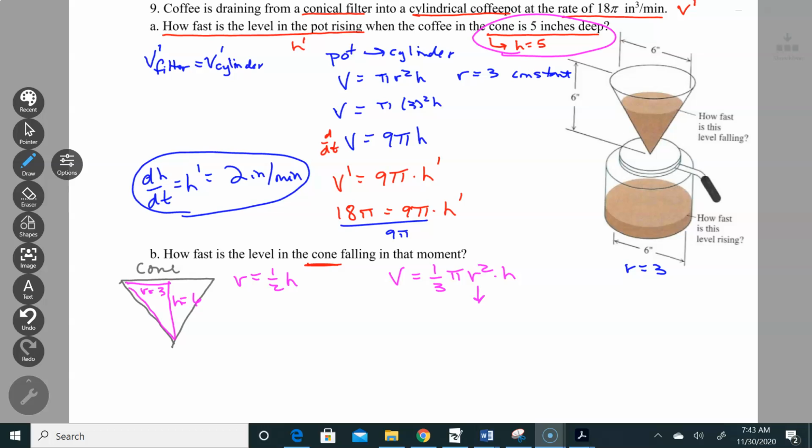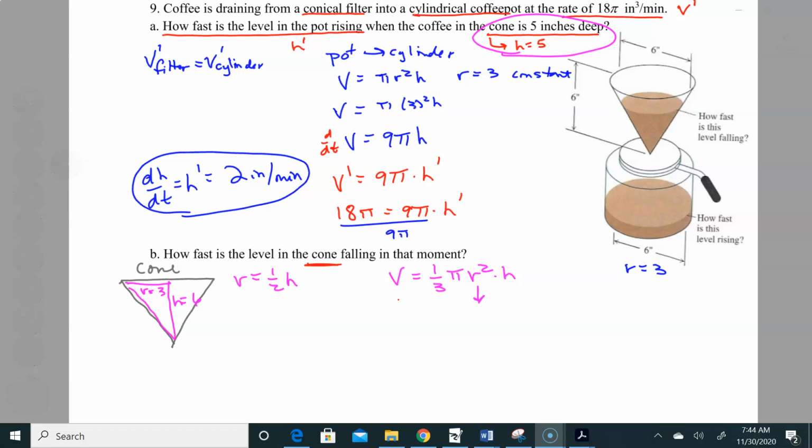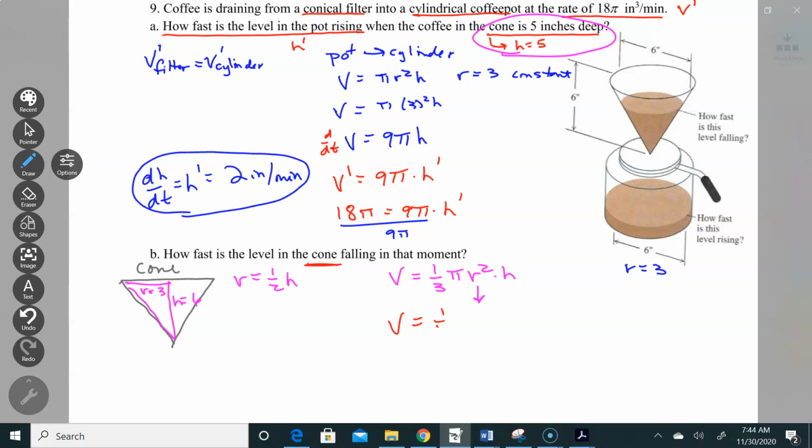So now I'm looking at the filter, the cone shaped. I know the radius is always half the height. The diameter is 6 and the radius is 6, so the radius is half the height. I could rewrite this as V equals 1/3 pi times (a half h) squared times h. We did this before and we got 1/12 pi h cubed. That is for the filter.